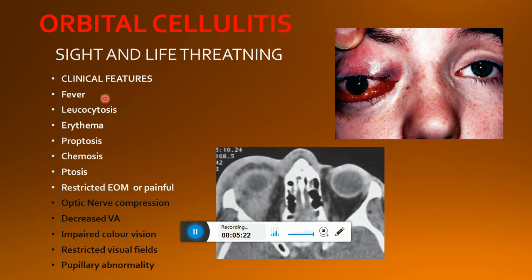There are tender, firm, erythematous and warm eyelids, with periocular and conjunctival edema, conjunctival injection, subconjunctival hemorrhage. Signs are usually unilateral, although edema may spread to the contralateral eyelids.